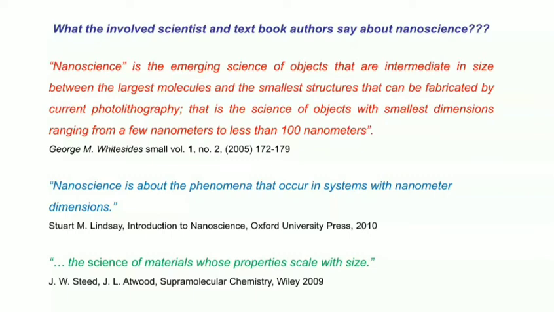George M. Whitesides published in the journal Small in 2005, pages 172 to 179. What he says about nanoscience is that it is an emerging science of objects intermediate in size between the largest molecules and the smallest structures that can be fabricated by current photolithography. Photolithography is a technique to make nanomaterials.